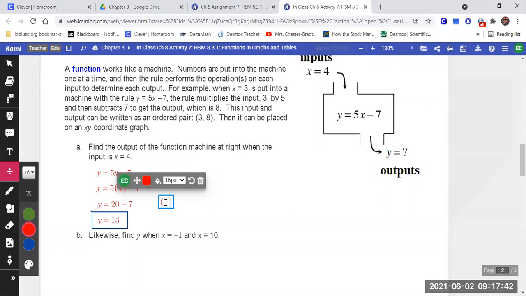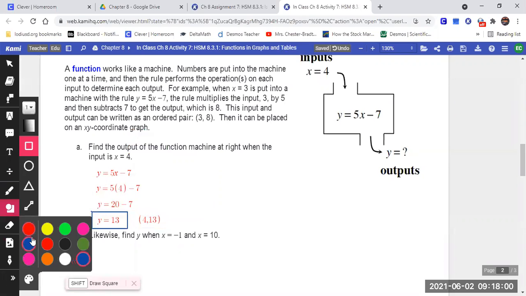Make it an ordered pair, just like we did for our table of values. So 4, comma, yep, 13. So all this is the same as our table of values. They're just doing it in a different format, all right? Don't think of it as anything different than the table of values.